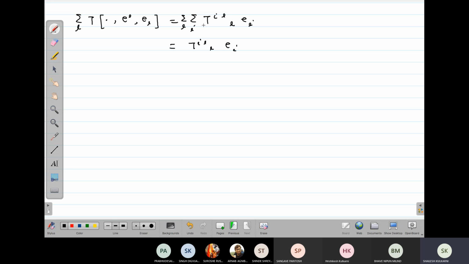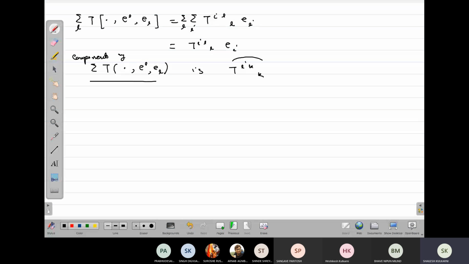So what does it mean? The component of this quantity is T^i. You can use any other index, say k.